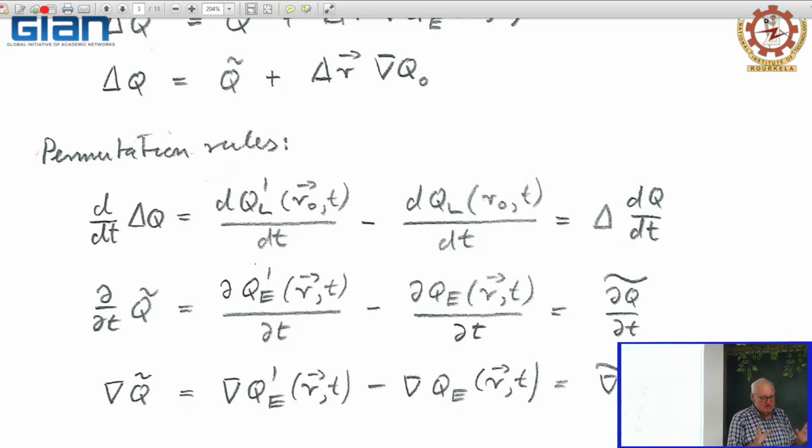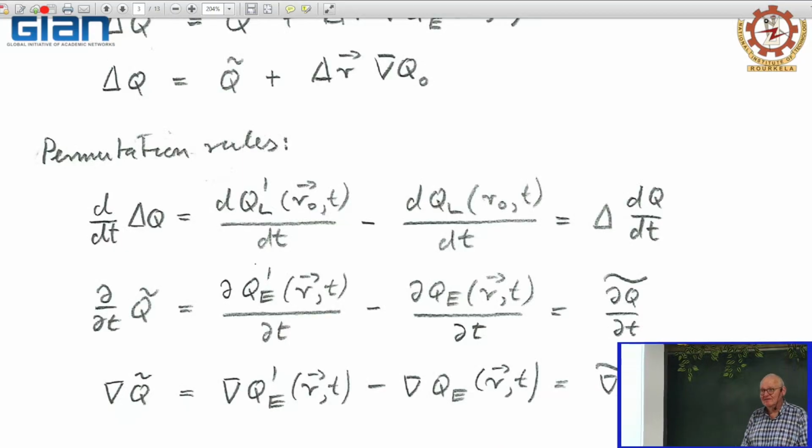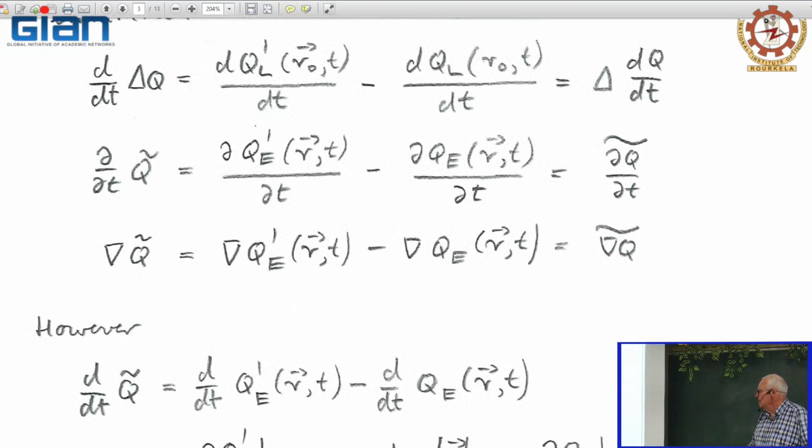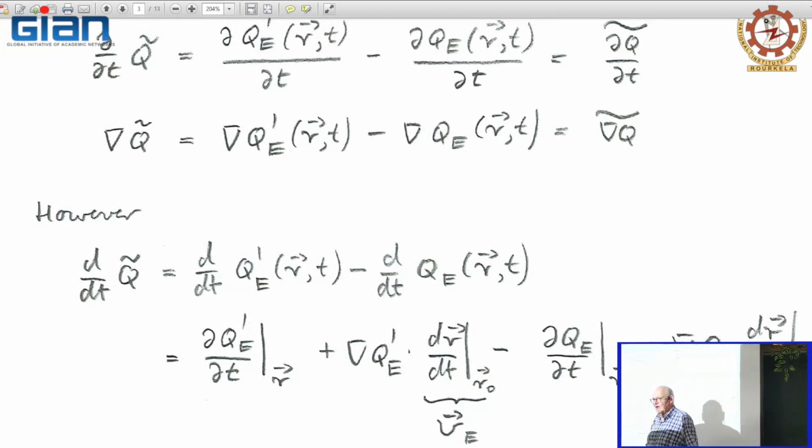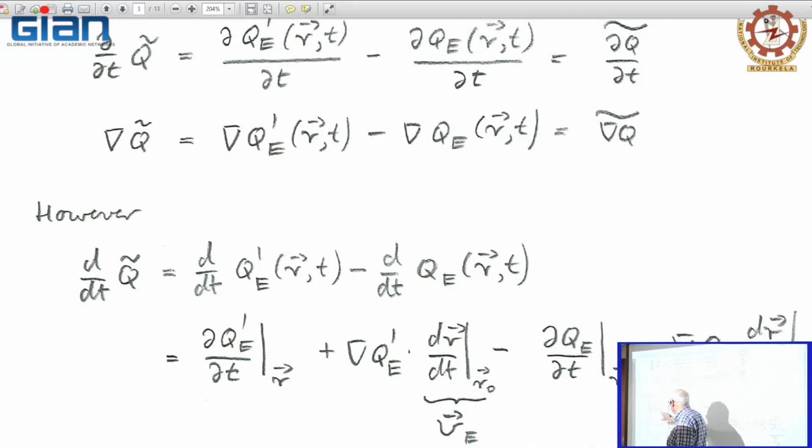Well, if you mix these two, then this is no longer true. So, for instance, you can write down the Lagrangian derivative of an Eulerian perturbation Q tilde. Then this is the Lagrangian derivative of QE dash minus QE in the Eulerian sense, both differentiated with respect to the Lagrangian time derivative.